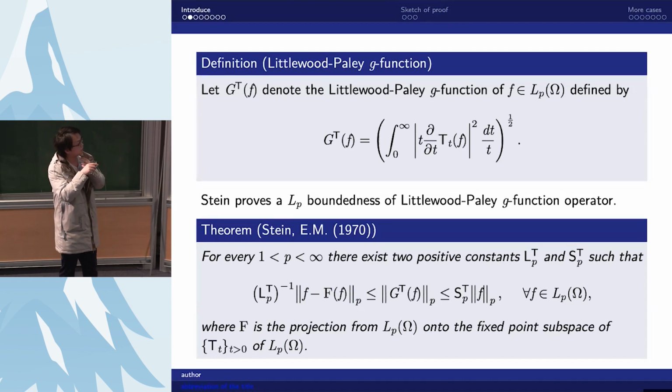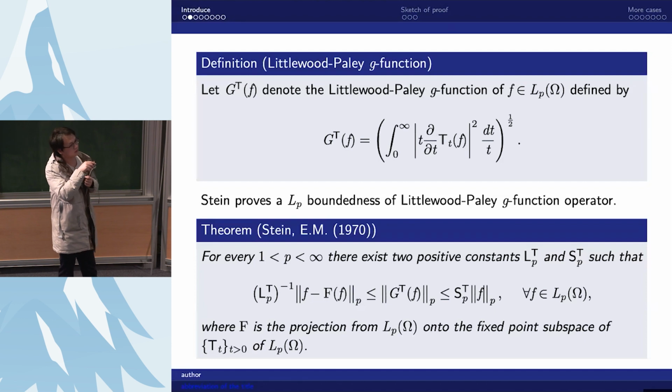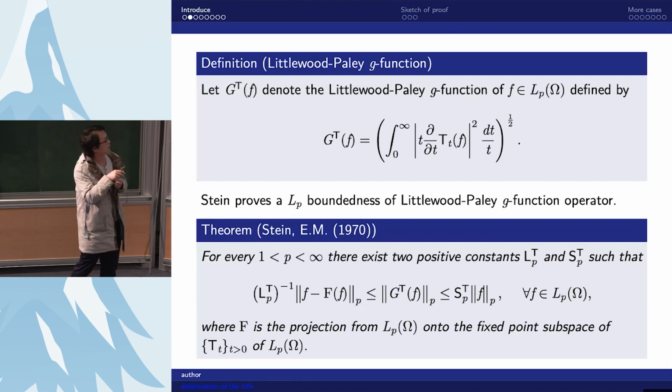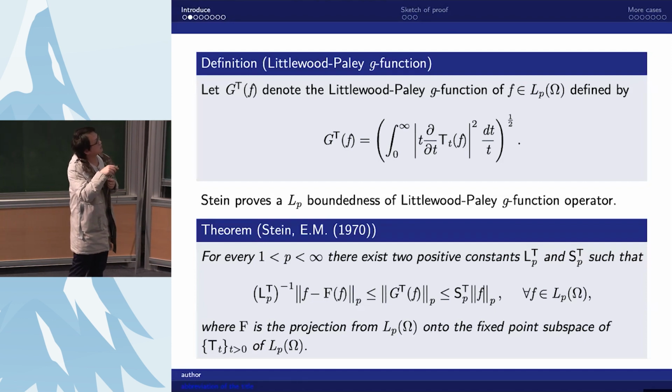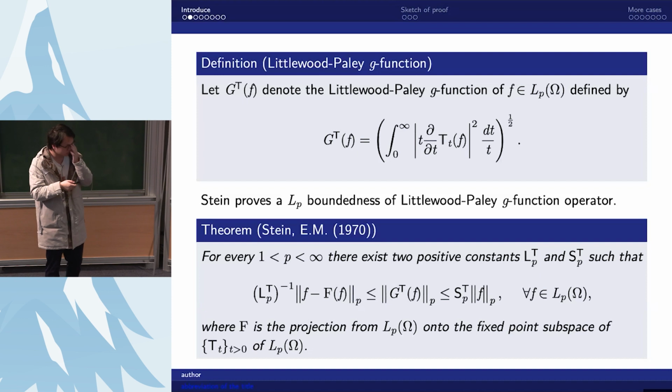I will explain why the left side is of this form later. And the right side means that the L^p norm of g(T)f is less than S_p(T) times the L^p norm of f.